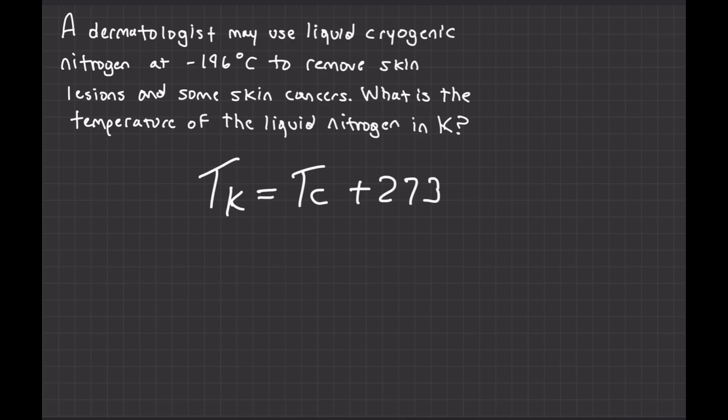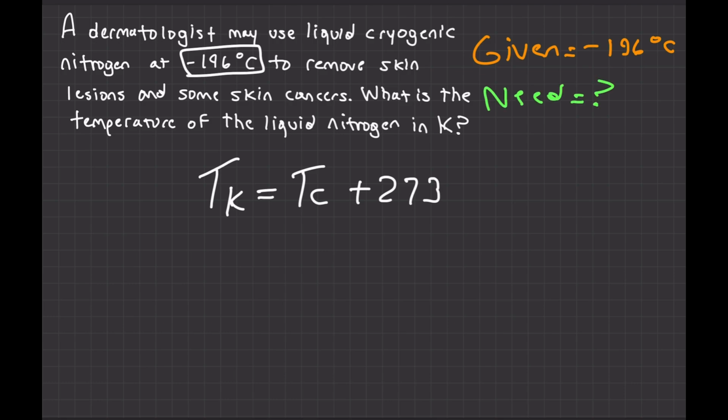So what's given to us? Given is the negative 196 degrees Celsius. And then what are we looking for? We need the temperature in Kelvin.